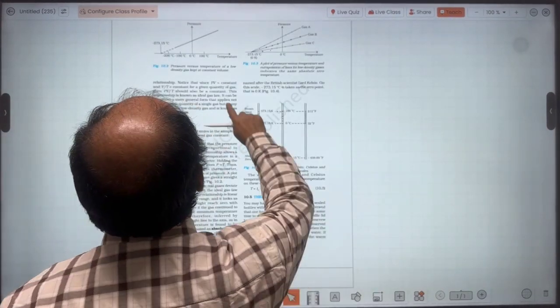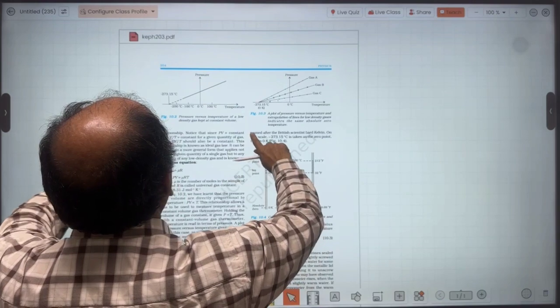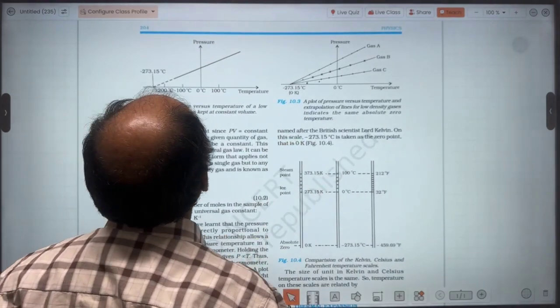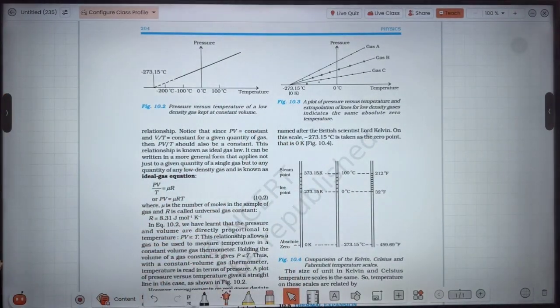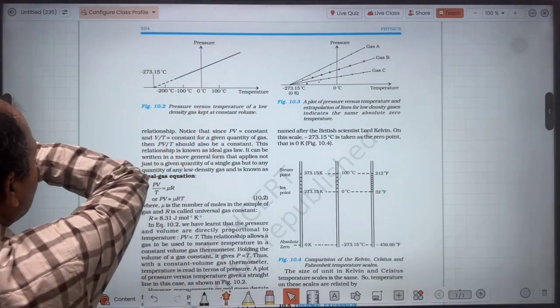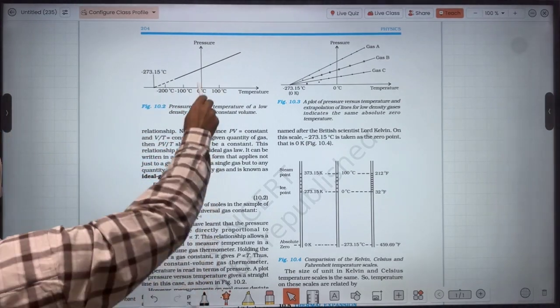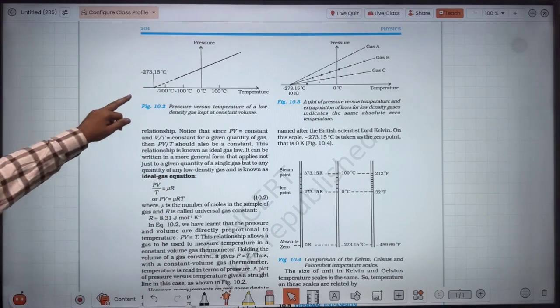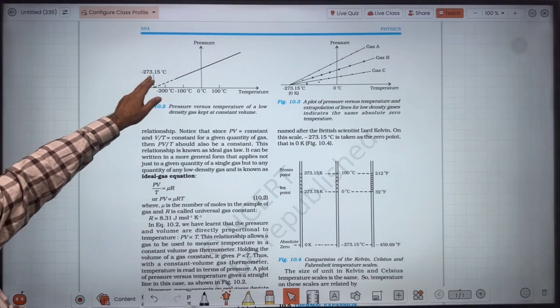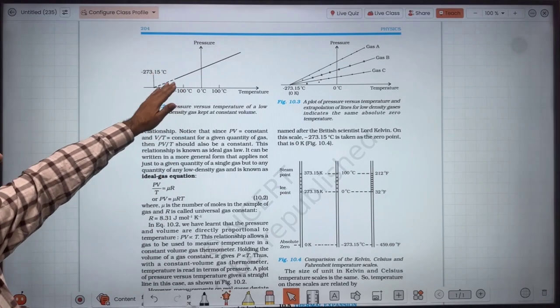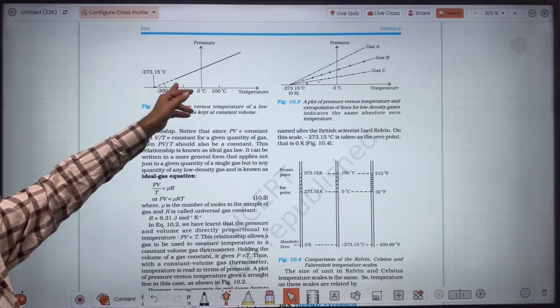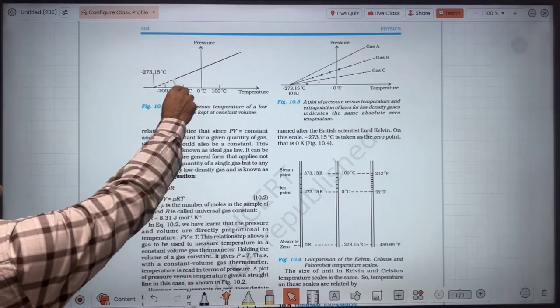So let's see. Here, a graph between temperature and pressure is shown. So what happens? At minus 273.15 degrees centigrade, although this is extrapolated, it means this is just expected.